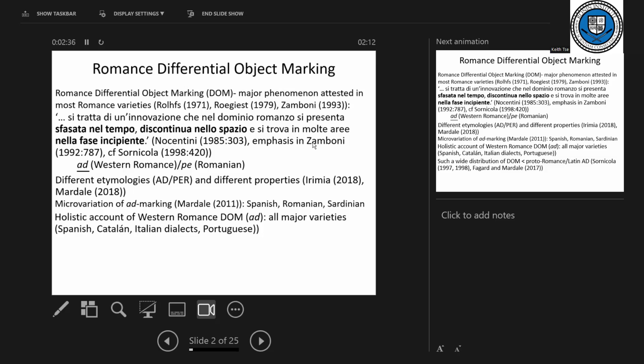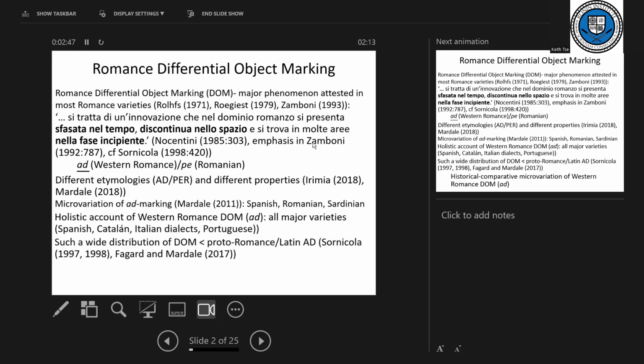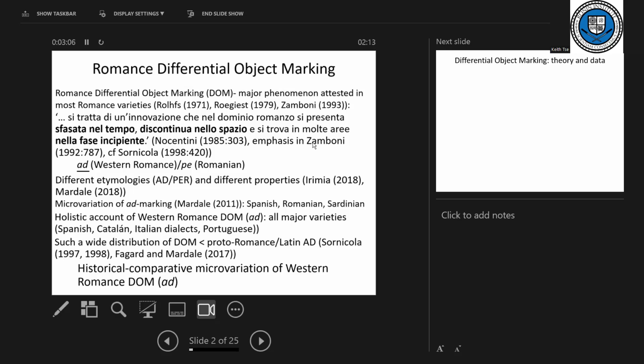So in this presentation, I propose to look at four major Romance varieties that also have DOM using a. With such a wide geographical and historical distribution, I think beyond doubt Romance DOM goes back to proto-Romance and Latin, as argued by Sornicola, Fargad and Mardale. So this presentation is about the historical comparative and micro variation of Western Romance DOM.